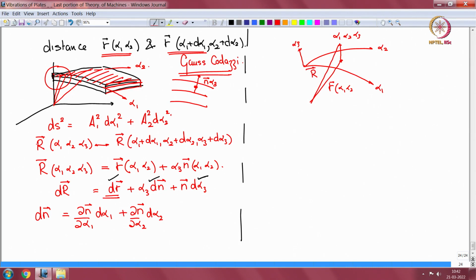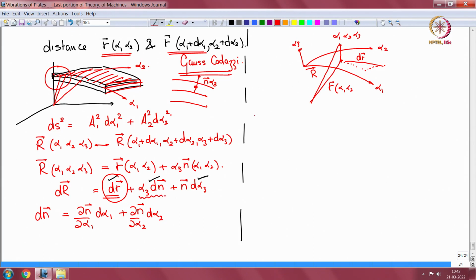Okay, so now I move a certain distance in the alpha 1 direction, a certain distance in the alpha 2 direction. This is my dr. This is my dr. Okay, this part, that part. Okay, then I move alpha 3 times dn.